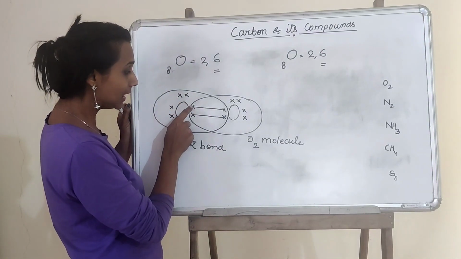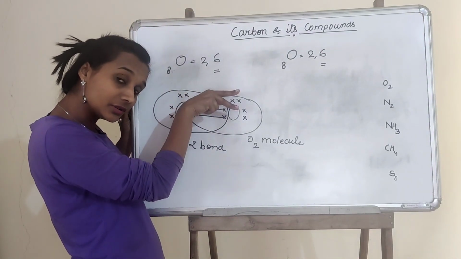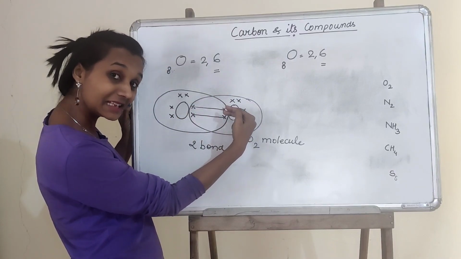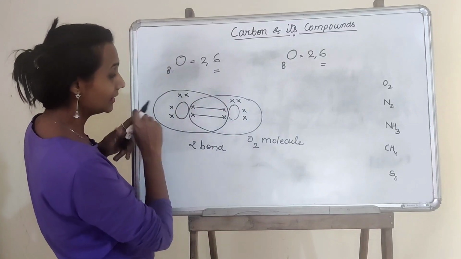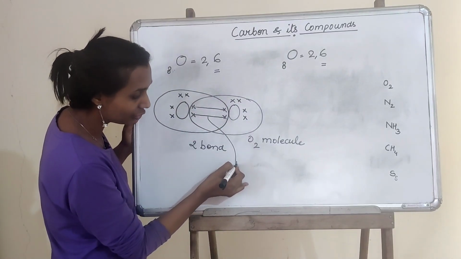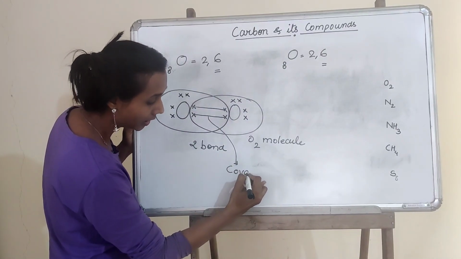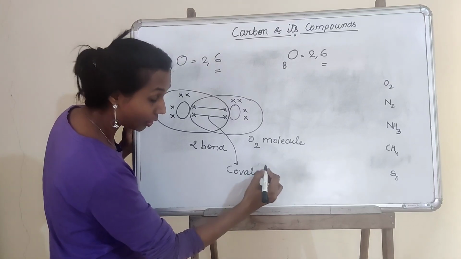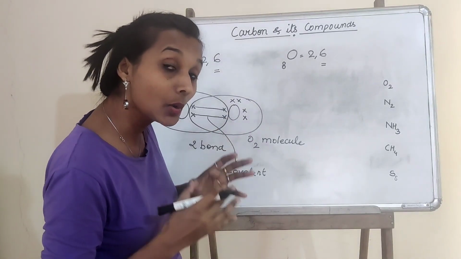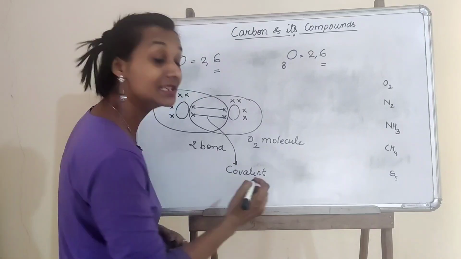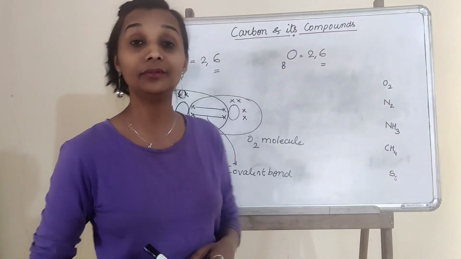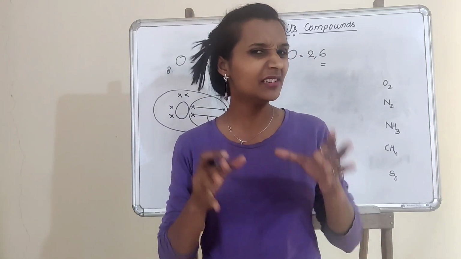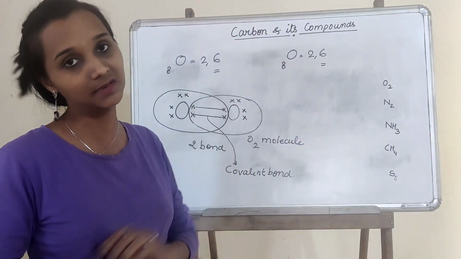This oxygen has shared 2 electrons with the other, and this oxygen has shared 2 electrons with it. It means that the type of bond which you can see over here, as a result of equal sharing of electrons, is a covalent bond. Very good. I feel now you understood the Lewis dot structure of oxygen.